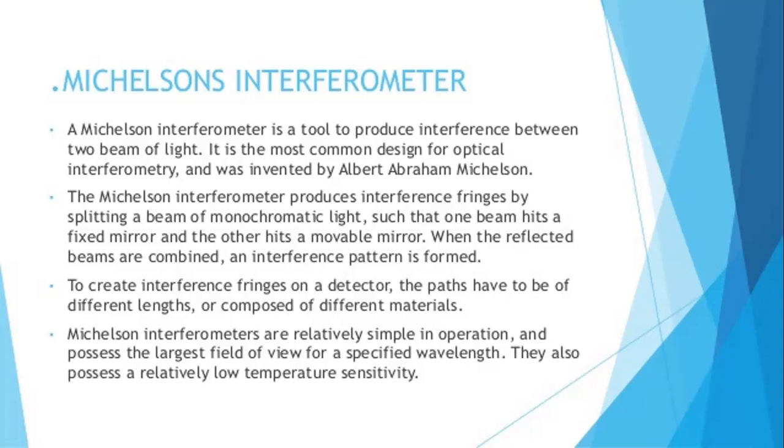Michelson's interferometers are relatively simple in operation and possess the largest field of view for a specified wavelength. They also possess relatively low temperature sensitivity. These are the points to be noted for the Michelson's interferometer.